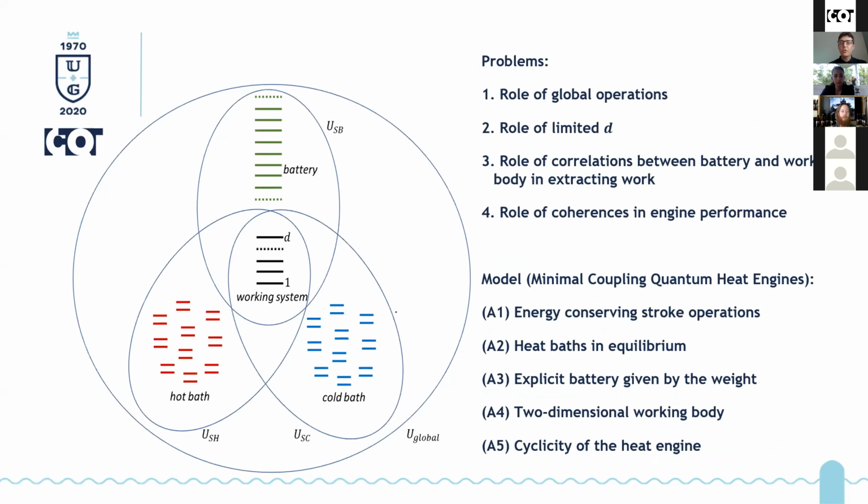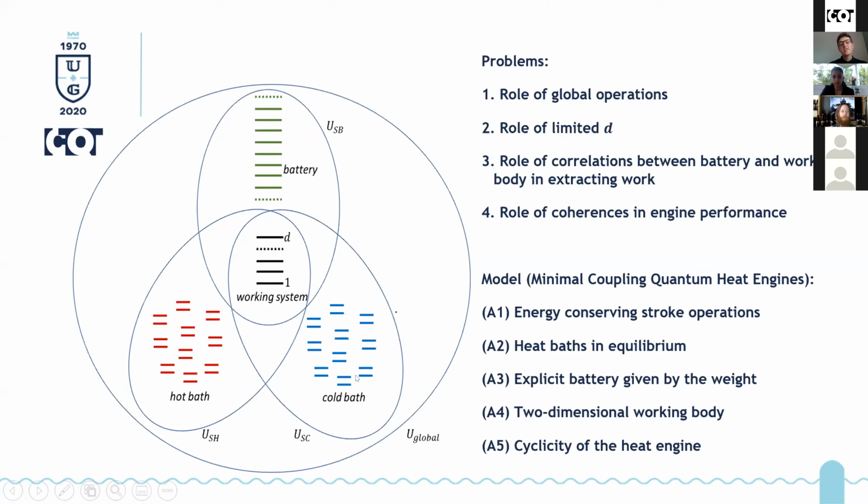So we propose a model of the engine that aims at giving answers to this question. And this model is that we have local operations, so separate U_SB, U_SC, and U_SH. These unitaries commute with the local Hamiltonians, so in this way we have a conservation of energy.